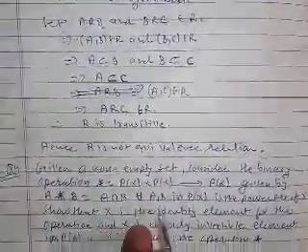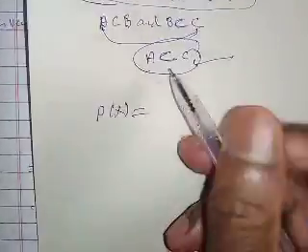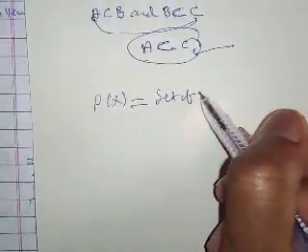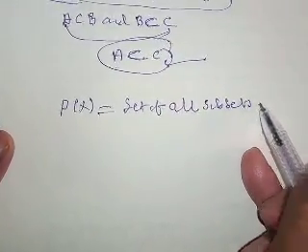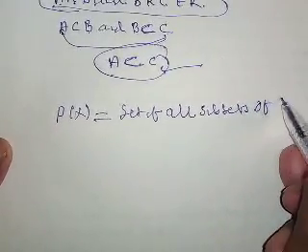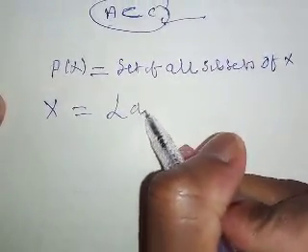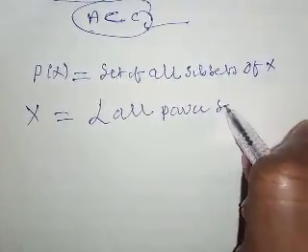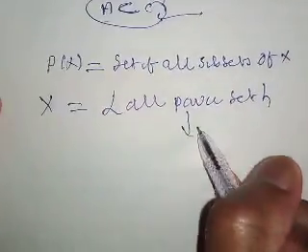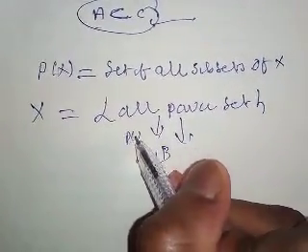Two things you have to understand in this question. What is a power set P(X)? It is the set of all subsets of X. So X includes all the power set. And from where do A and B come? A and B come from the power set P(X).